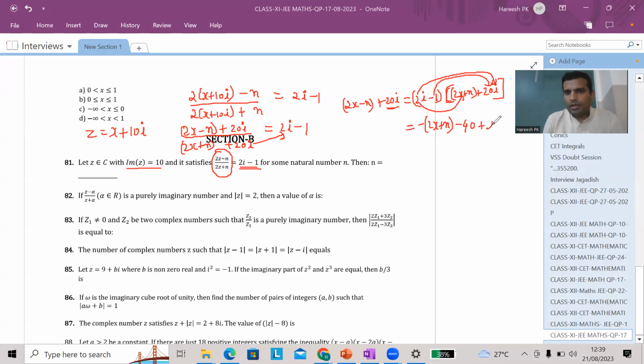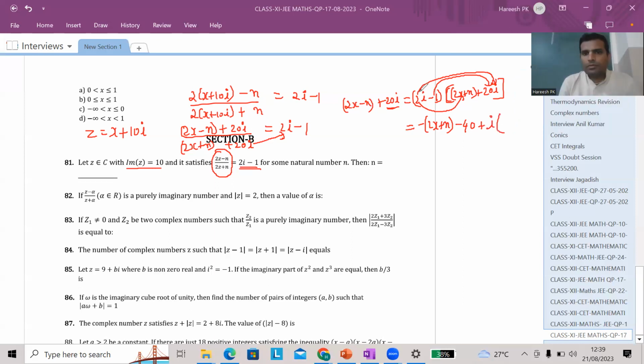Imaginary term is iota into 2 multiplied with 2x plus n. So it will become 4x plus 2n. That's what it becomes. And then minus 1 is multiplied with 20i. So we'll get minus 20.